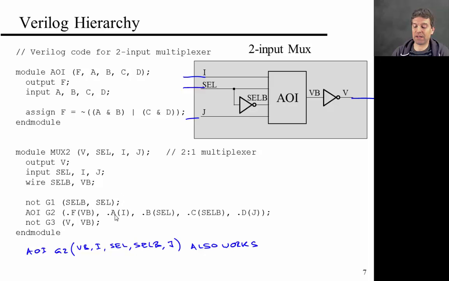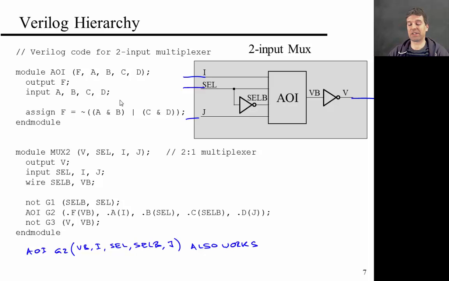In the thing that was called A, now you're going to put I in its place, etc. When you use this notation, you do not have to worry about the ordering of the variables, which can be very convenient if you forget what the ordering was, or if you didn't name things perfectly logically.